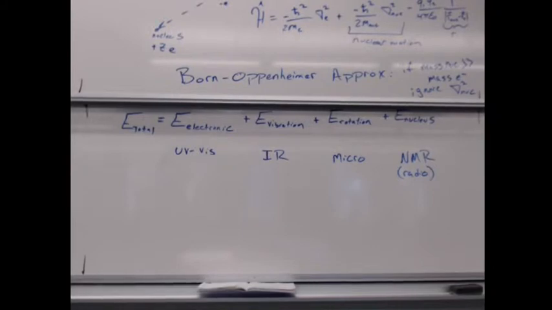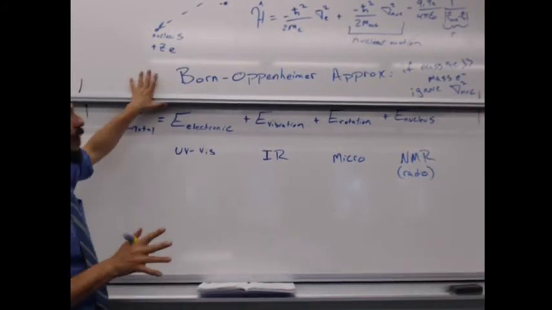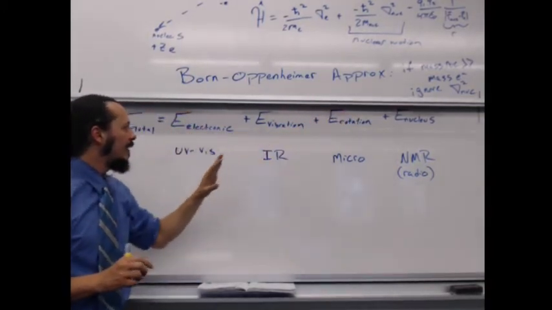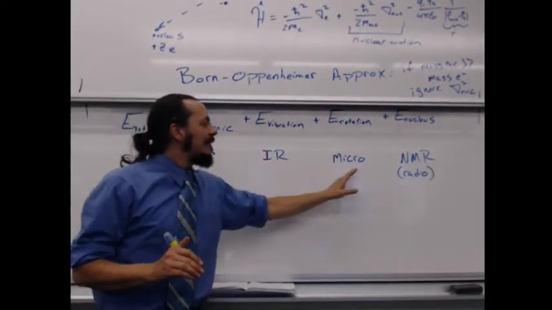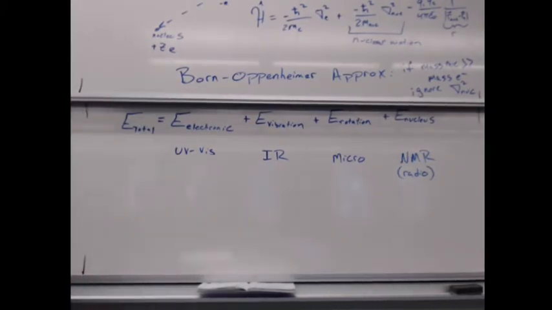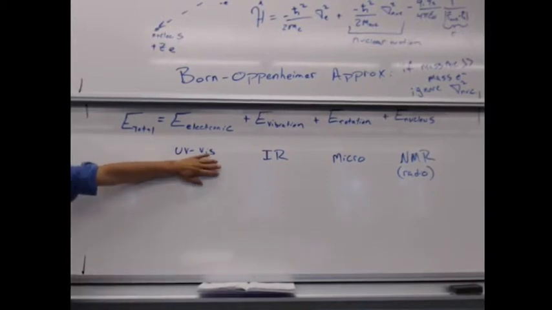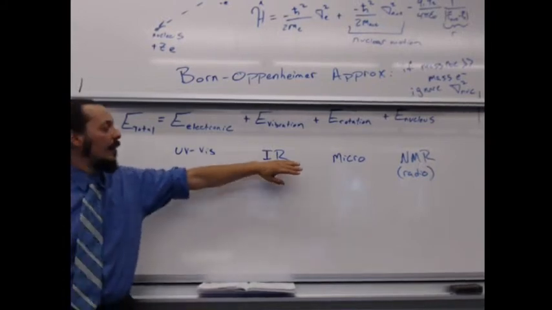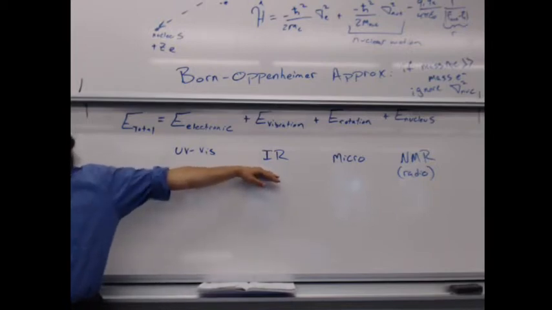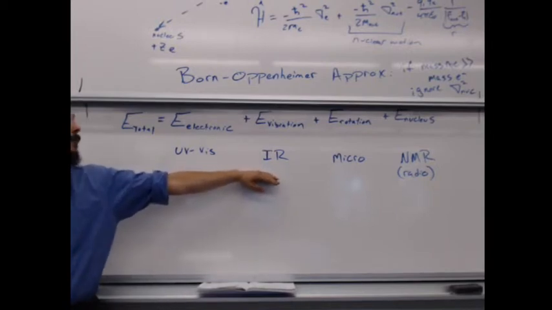So the thing that really allows us to do the Born-Oppenheimer approximation is not just the mass difference, but the fact that the energies of each of these interactions are going to be an order of magnitude or several orders of magnitude different from each other. The electronic energies are going to be the strongest. They're going to have the biggest energy associated with them when we look at those transitions. We can look at that in terms of the energy associated with the different parts of the electromagnetic spectrum.